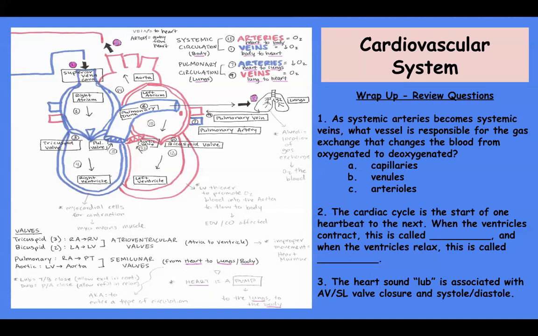Number 1: as systemic arteries become systemic veins, we talked about this, right? What vessel is responsible for the gas exchange that changes the blood from oxygenated to deoxygenated? So let's think about that. We have systemic arteries. And what are systemic arteries?